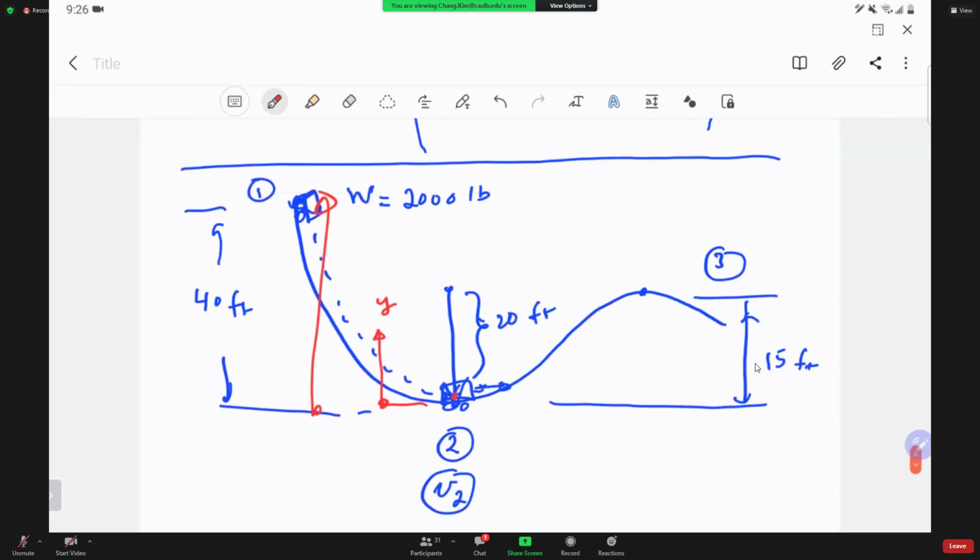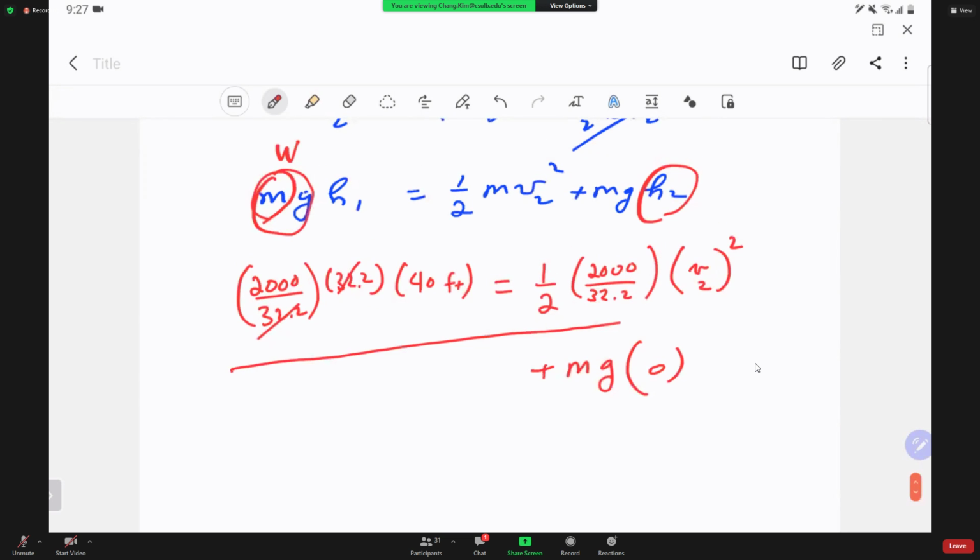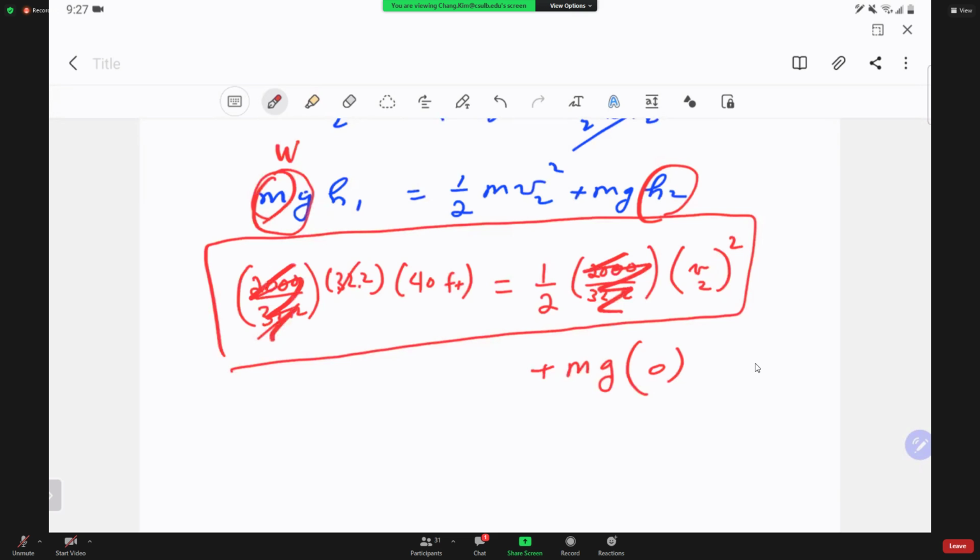The position of this from the coordinate system that I defined is 0. So that's a 0. Looking at the left and right, this term just goes out. So all I have left is 32.2 times 40 equal to 1/2 times v squared.